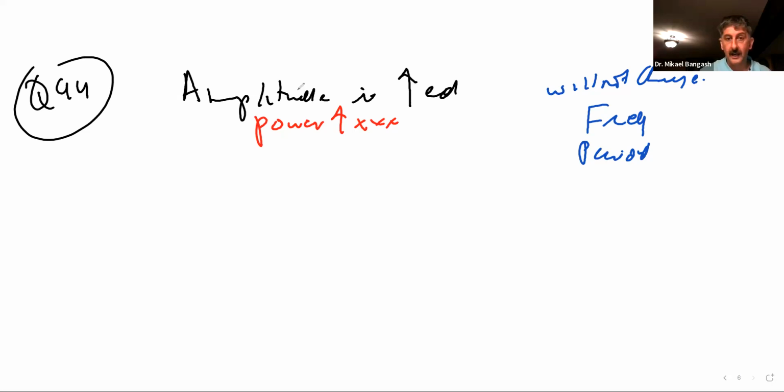Whereas, on the other hand, if amplitude is increased, you will also have an increase in the intensity. But that was not what they asked about. They said which of these does not change? Had they asked which of the following change when we change the amplitude, then the answers would have been that power will change, intensity will change.